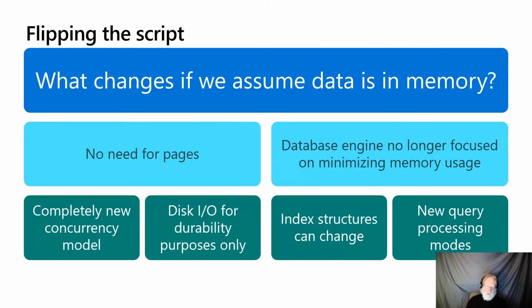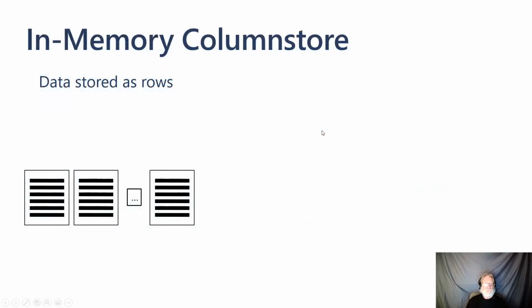So we're going to start by looking at in-memory column store. Again, this was first introduced in SQL 2012 with the non-clustered column store. So we start with data stored as rows.